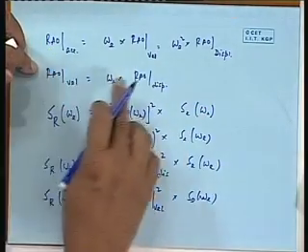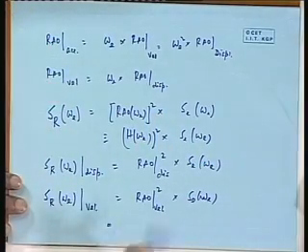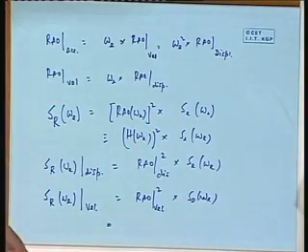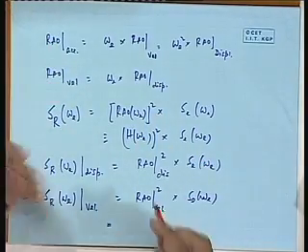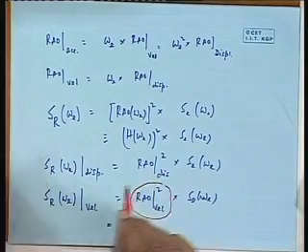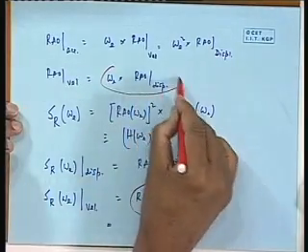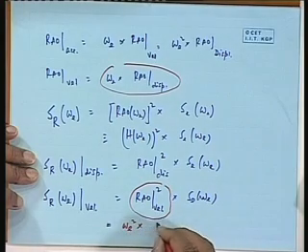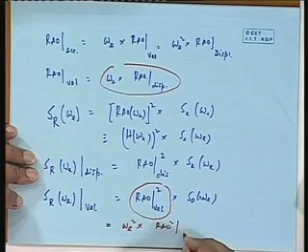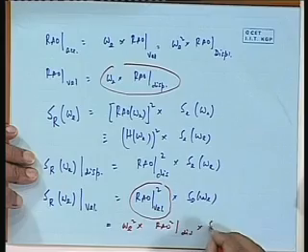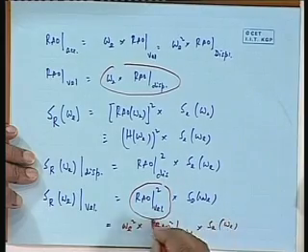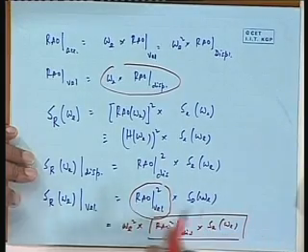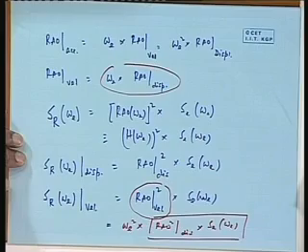Now carefully see what RAO square velocity is. This is this. So if you square that, it becomes omega e square into RAO square displacement into S omega e. But what is this? This is my SR omega e displacement. That means SR omega displacement into omega e square, as simple as that.